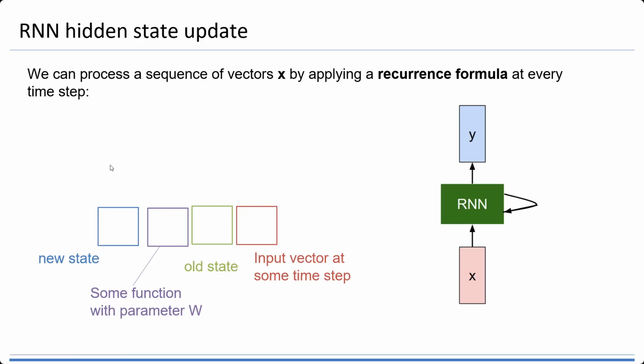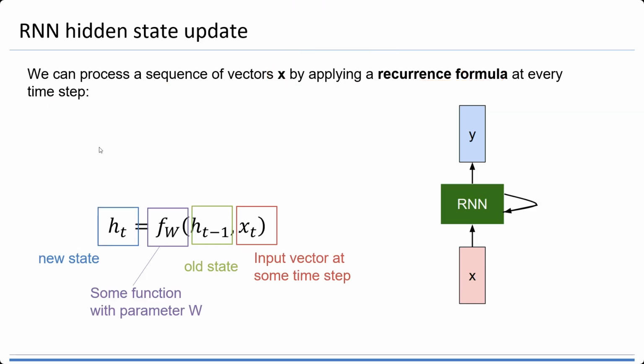So with the RNN hidden state, we can process a sequence of vectors. A sequence of vectors X means we have X1, X2, X3, and so on, by applying a recurrent formula. The recurrent formula is the formula that occurs every state, the formula that happens every time step.